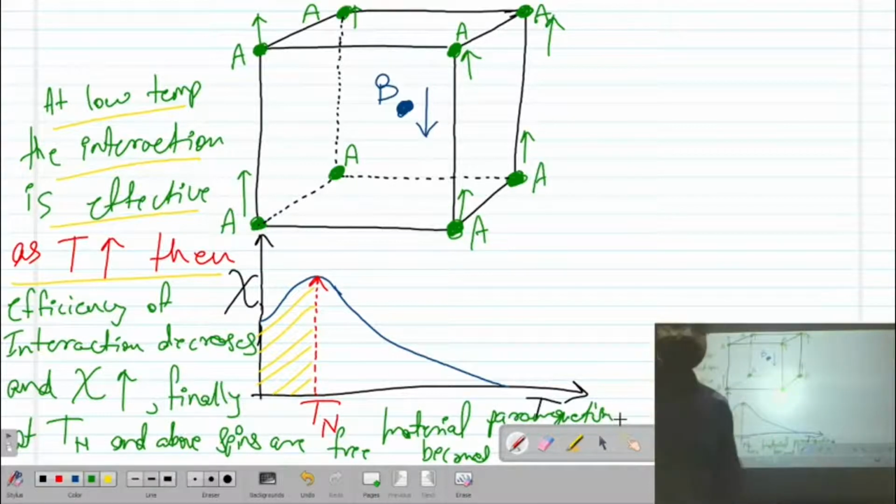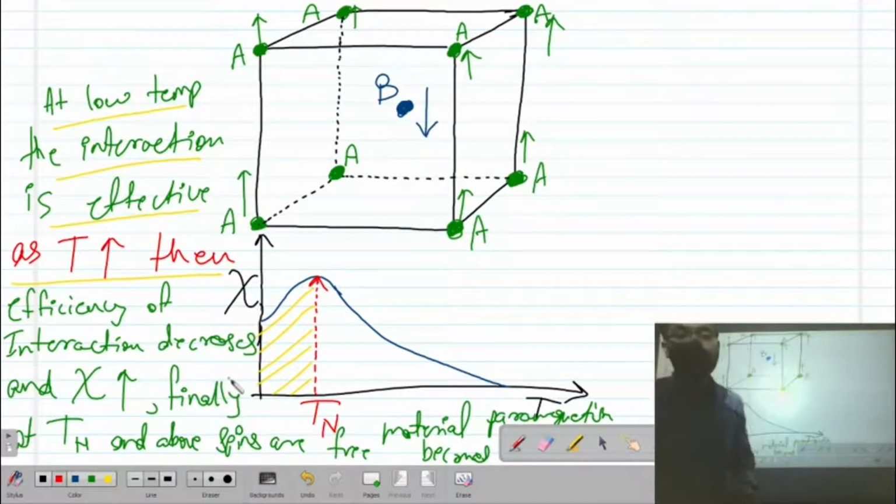After that, the material becomes paramagnetic. Now let us understand what it wants to say. It wants to say that at low temperature the interaction is effective. You can see this part.